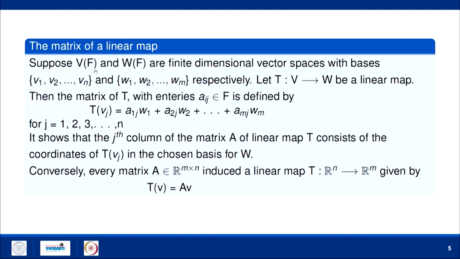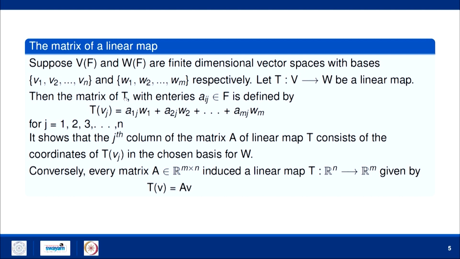Suppose V and W are finite dimensional vector spaces over the field F, with basis v1, v2, ..., vn. So, the dimension of V is n and the dimension of W is m, with basis w1, w2, ..., wm. Let T from V to W be a linear transformation.